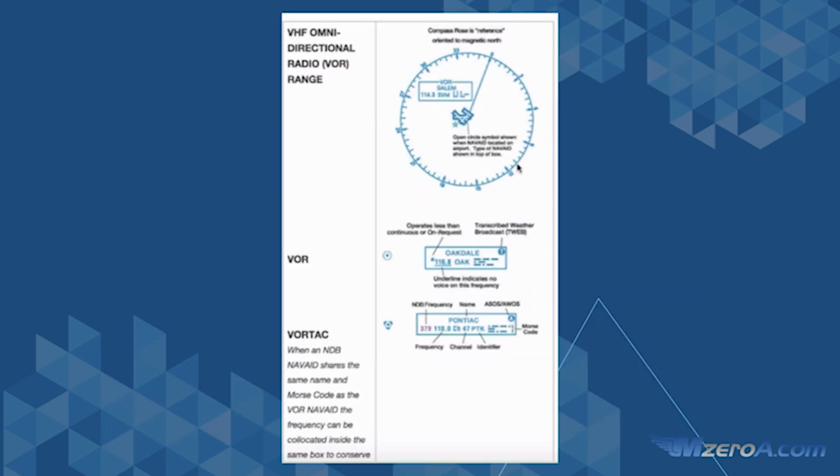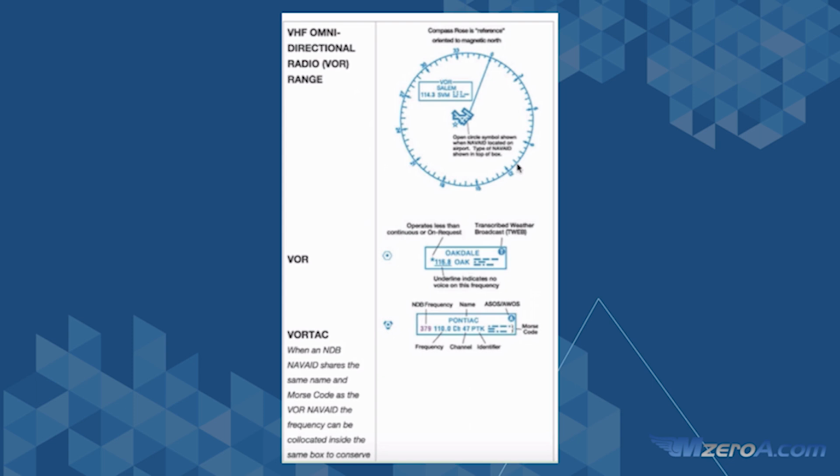Now let's take a look at how to identify electronic means of navigation that are going to appear on the sectional chart. VHF omnidirectional radios, more commonly known as VORs, are identified with this blue compass rose and rectangular box that gives you the frequency to actually listen to the VOR.